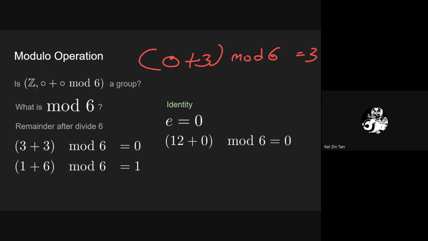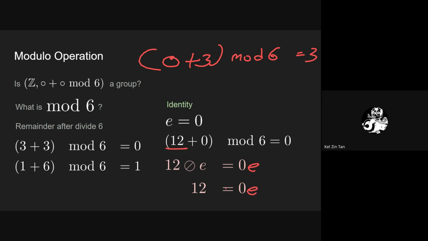Now let's look at this scenario. We have 12, so 12 plus 6 modulo 6 is equal to 0, because 12 is divisible by 6. So this means that 12 times e will become 0. The 0 here is e. So this means that 12 is equal to e.